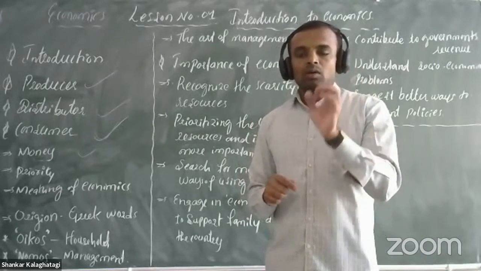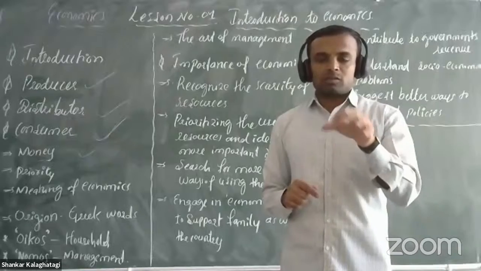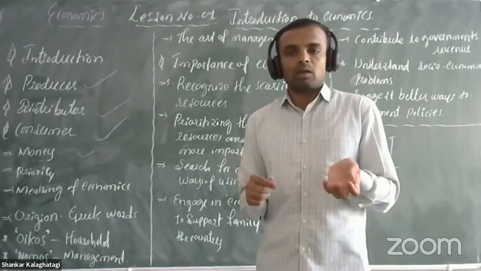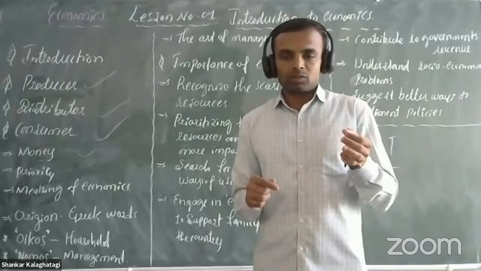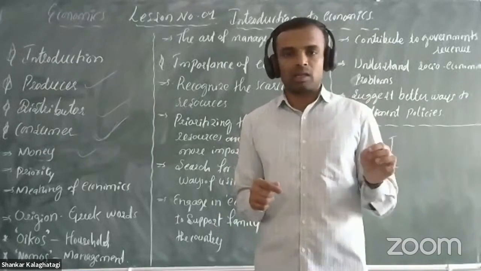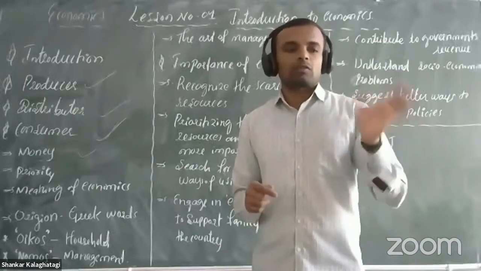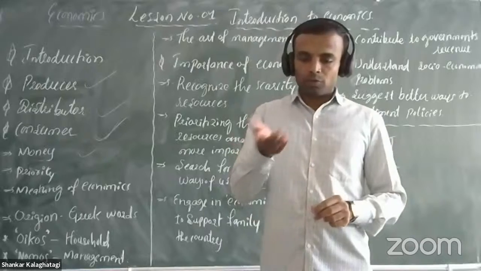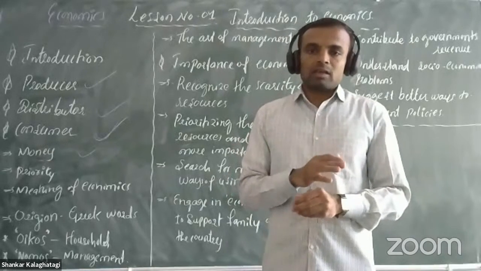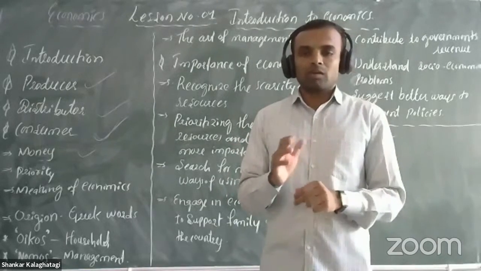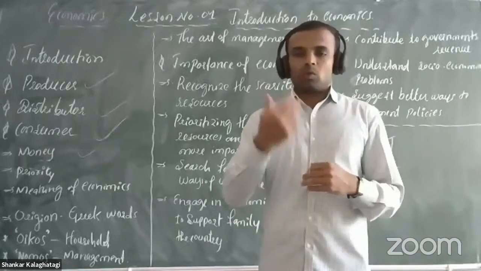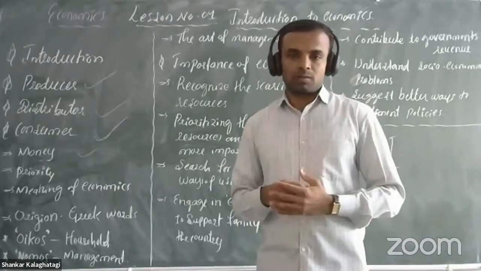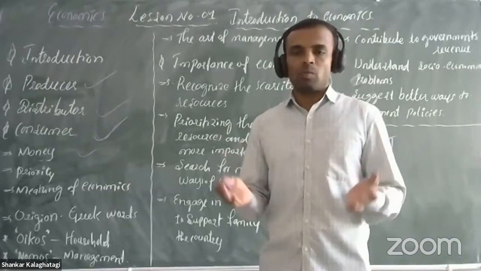Another one, scarcity. Now what will we do here? First we will identify our first priority, and later we will focus on the second and third. It means to fulfill our desires, needs, and requirements, we face scarcity of money and resources. That is common.